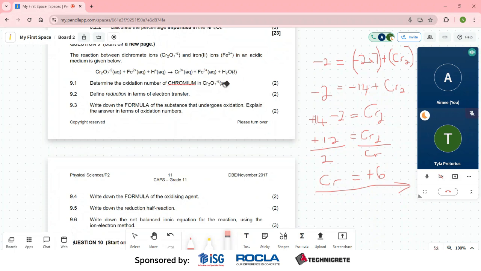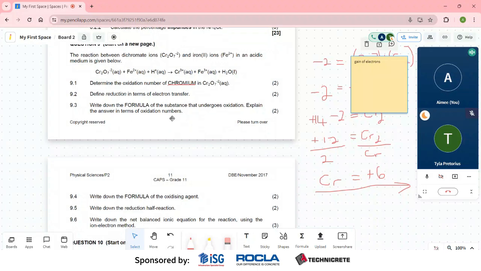The next question says define reduction in terms of electron transfer. Well, reduction is the gain of electrons. In terms of electron transfer, reduction is the gain of electrons. Okay, write down the formula of the substance that undergoes oxidation.